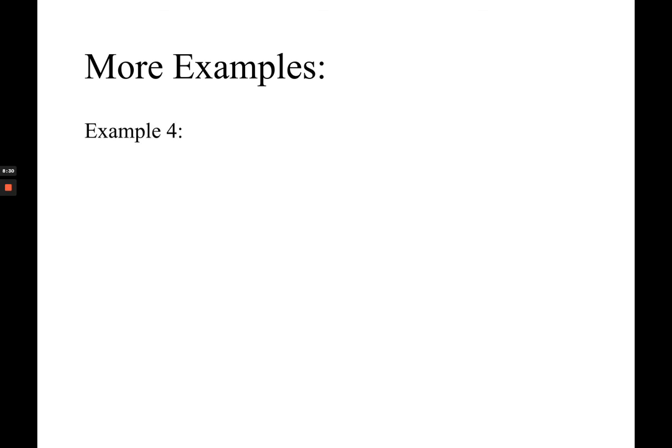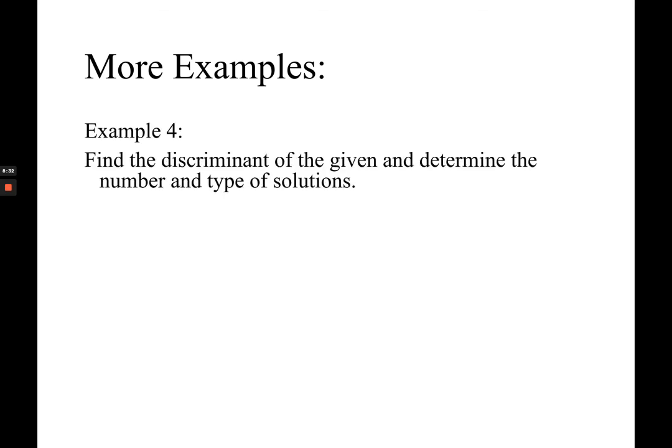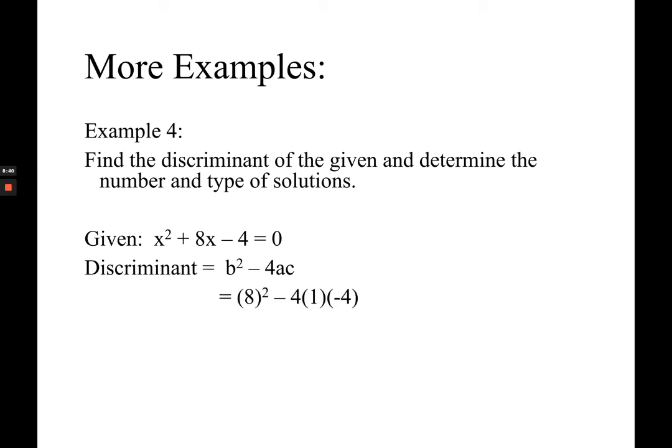If you're going to solve this, you will end up with two possible complex roots. And there's one more example. The last example is x squared plus 8x minus 4. Your discriminant is equal to b squared minus 4ac. b is 8, a is 1, c is negative 4. So you have 8 squared is 64. 4 times 4 is 16.